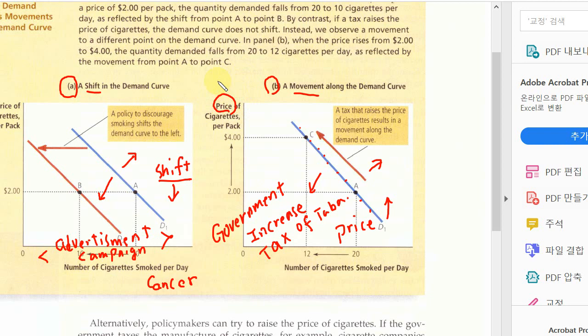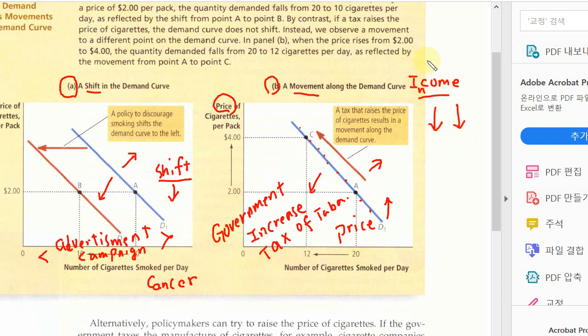For example, let's assume income. If income is reduced, you might have less purchasing power because you don't have much money.